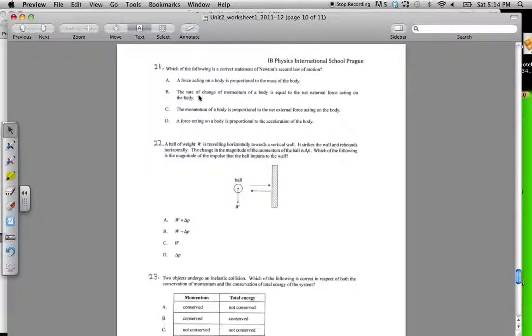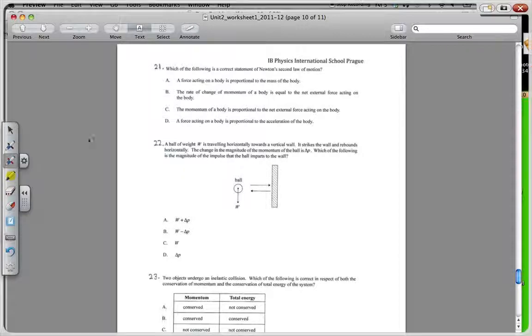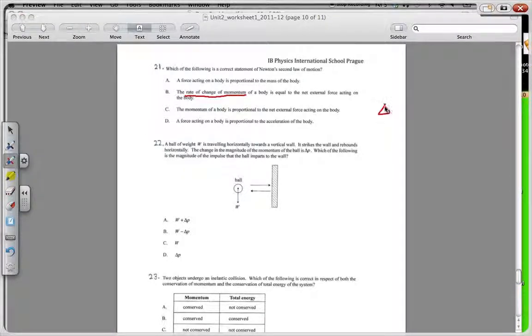So rate of change means what? It means this over here. Change of P over T. And we know that is another way of writing Newton's second law. So that will actually be the correct one. The momentum of the body is proportional to the net force acting on the body.